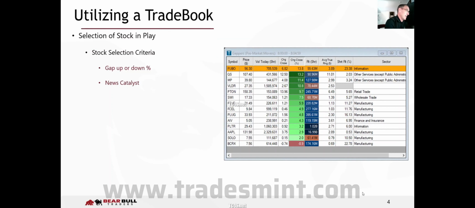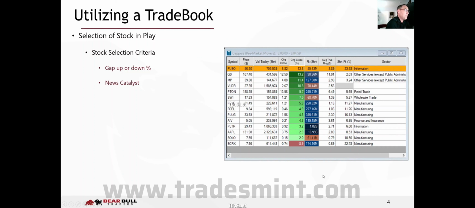And we want to somewhat know what it is because there are certain news catalysts like buyouts or stock buybacks or a secondary offering that don't provide great opportunities for trading, but they may gap up or gap down significantly. With that type of news catalyst, they just don't perform very well during the intraday. So we want to be aware of it, but we don't necessarily care too much about the details like a fundamental trader would.